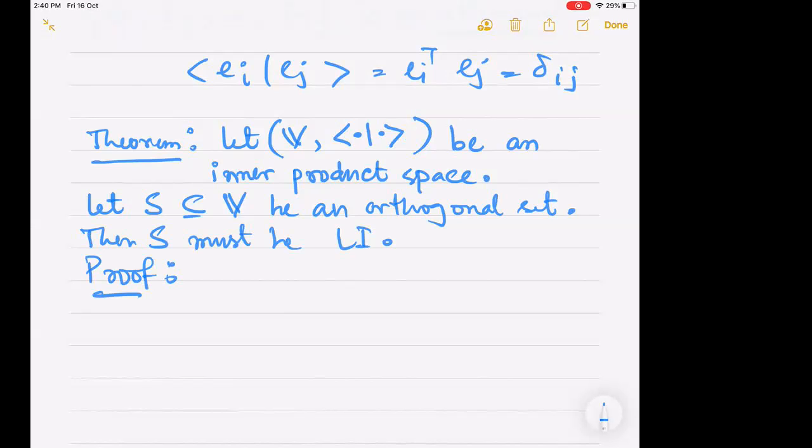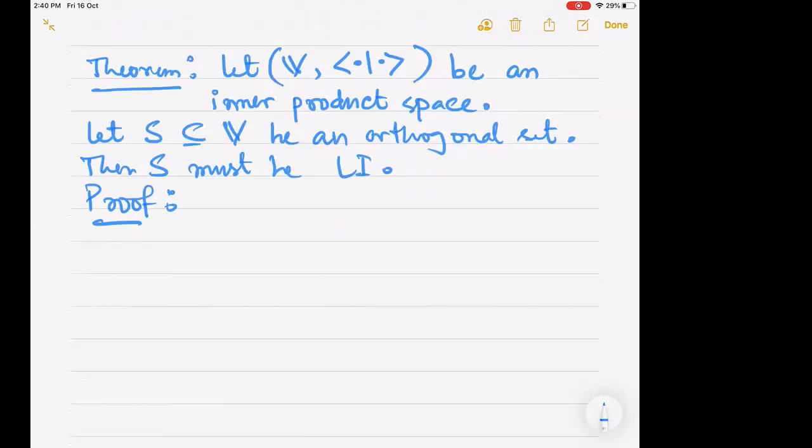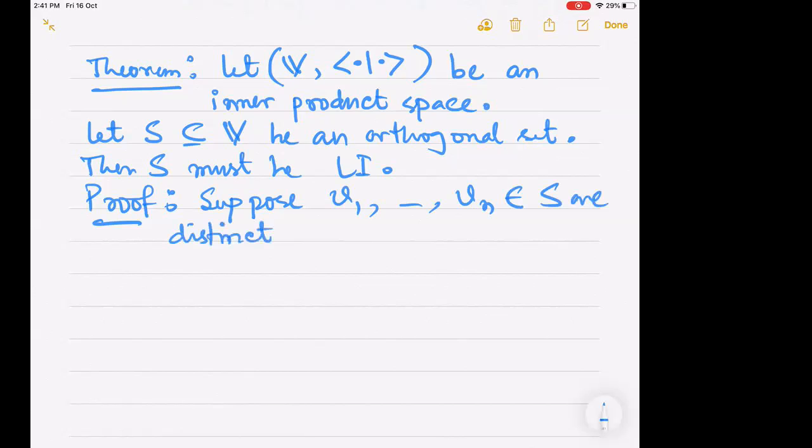So for that, suppose V1 up to Vn in S are distinct, and alpha 1 V1 plus up to alpha n Vn is equal to 0, for alpha i in the field.